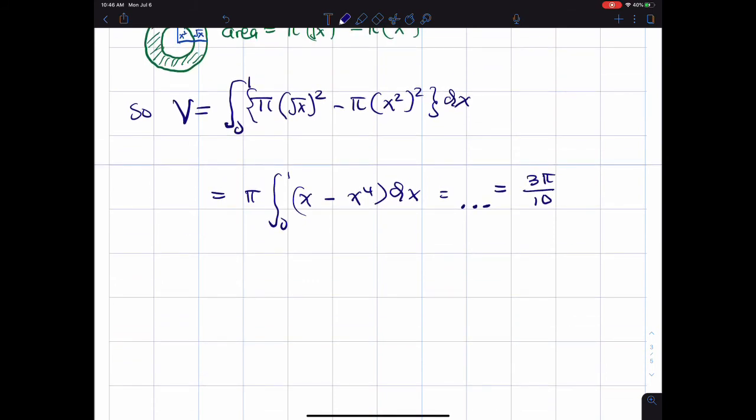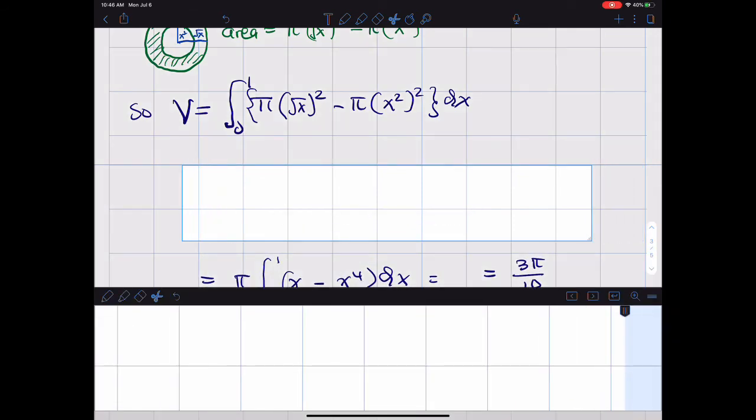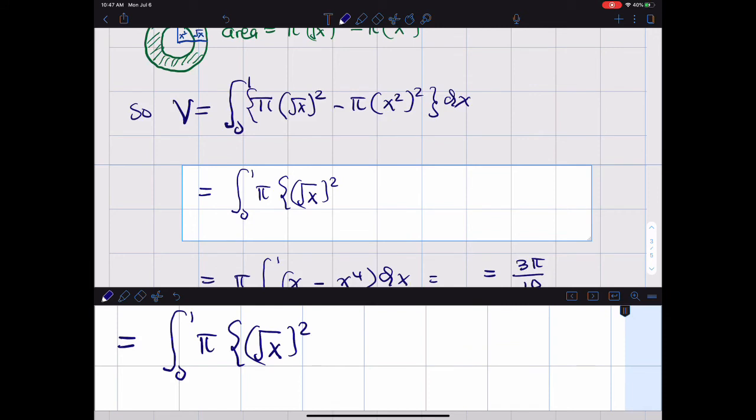You know what? Let me do a little bit of how we ended up at x minus x to the power of 4. I'm going to bring this down. This is the integral from 0 to 1. I'm going to factor out a pi, and then I'm left with the square root of x squared minus x squared squared dx.